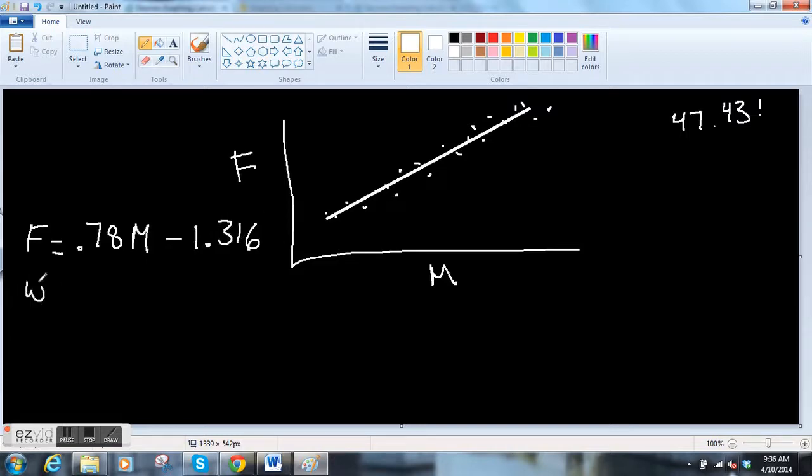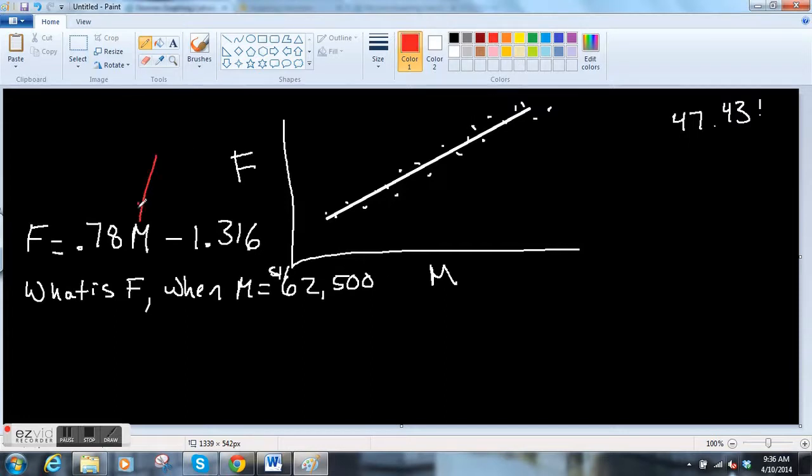And part C is essentially asking, what is F when M is equal to $62,500 a year? You'll notice, because it's in thousands of dollars, now we have to plug into this equation M equals 62.5. Do not use 62,500 because that's in thousands of dollars and we have to scale it back.